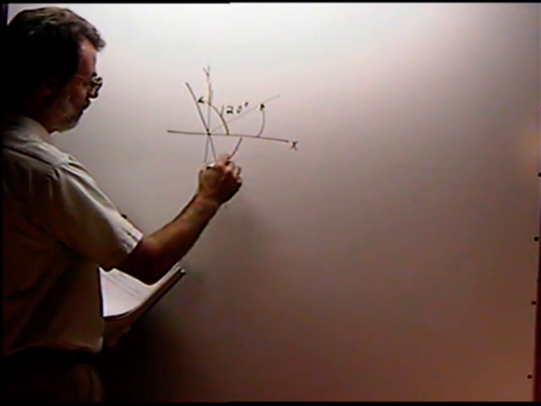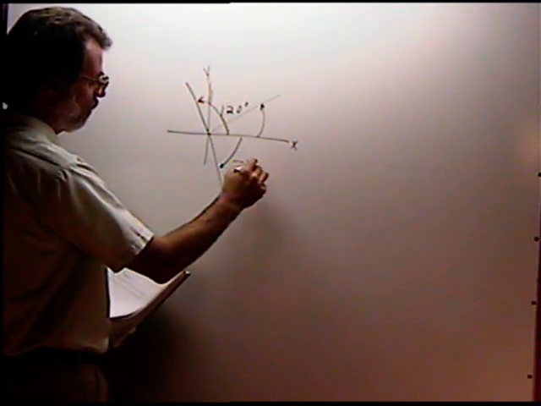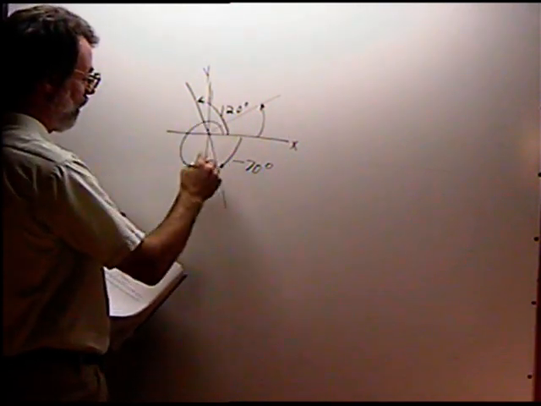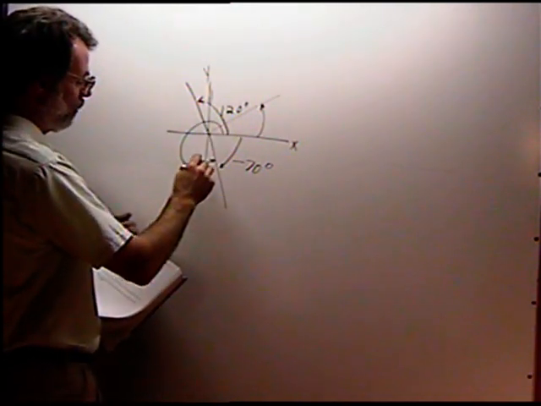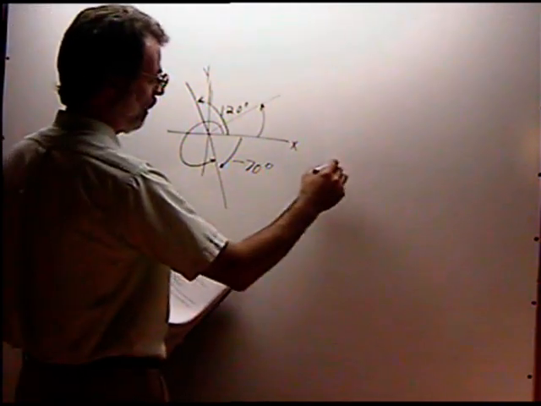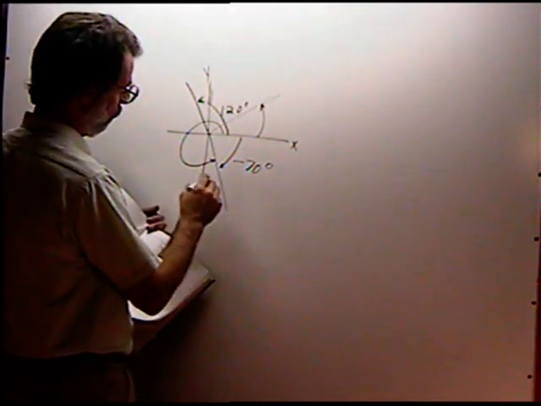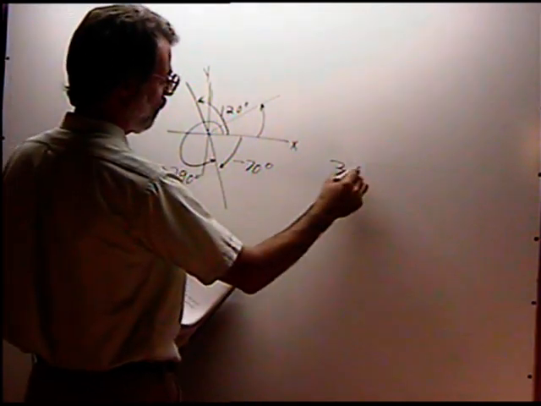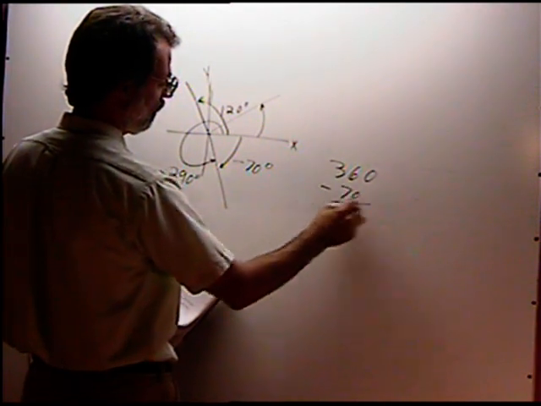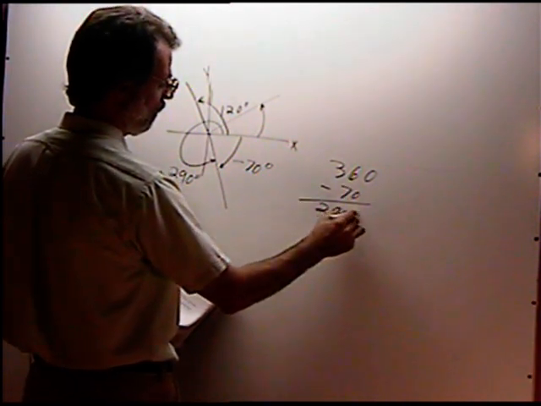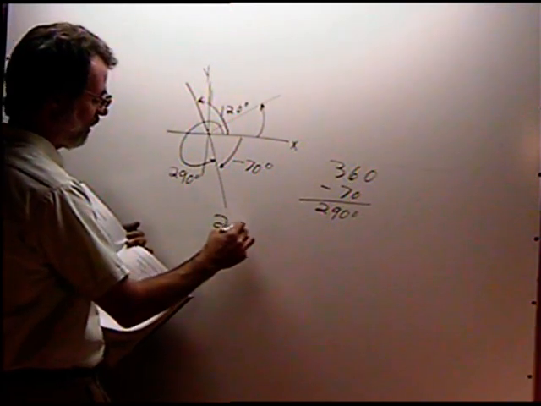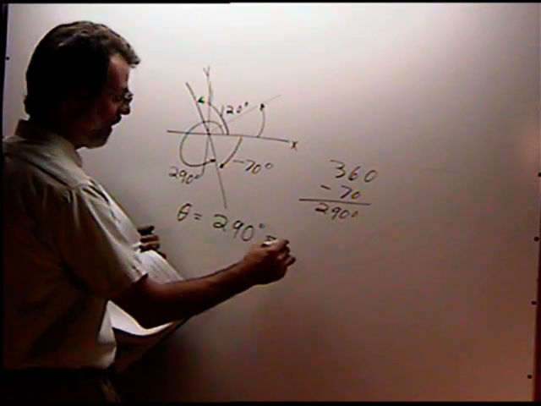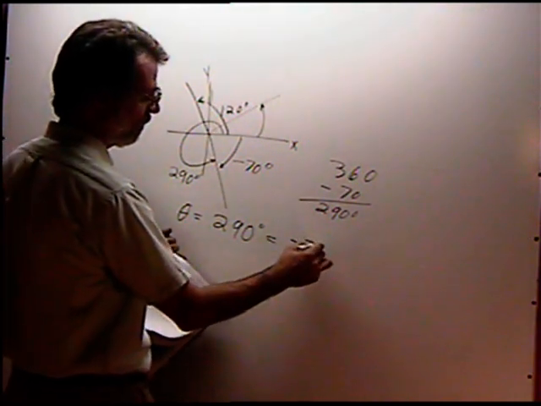We could say it's negative 70 degrees. Or we could say that angle is the same thing as this angle, which would be 290, because basically 360 minus 70 is 290 degrees. So an angle of 290 degrees is the same as the angle of minus 70 degrees.